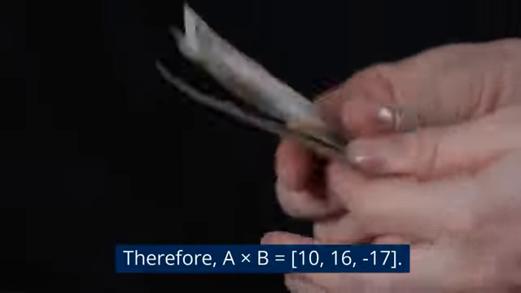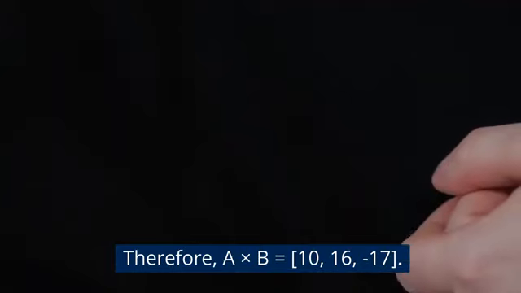Therefore, A times B equals (10, 16, -17).